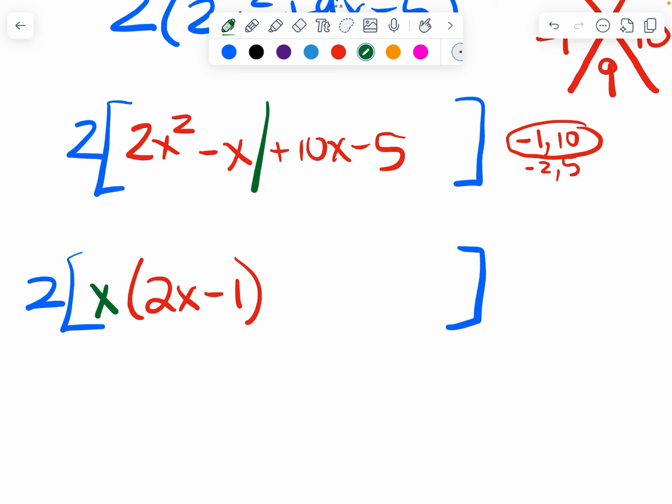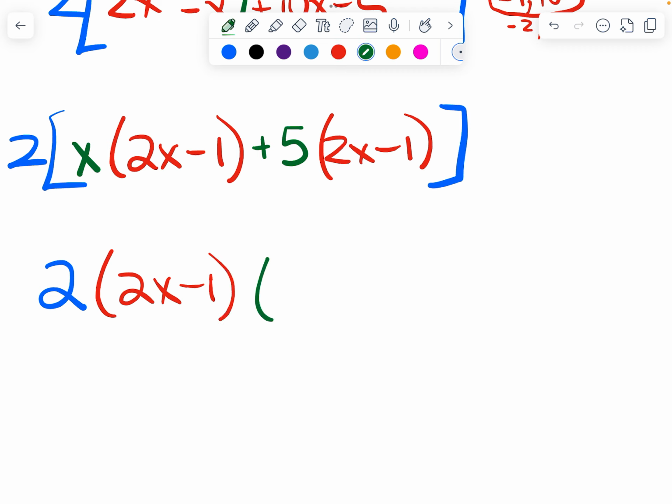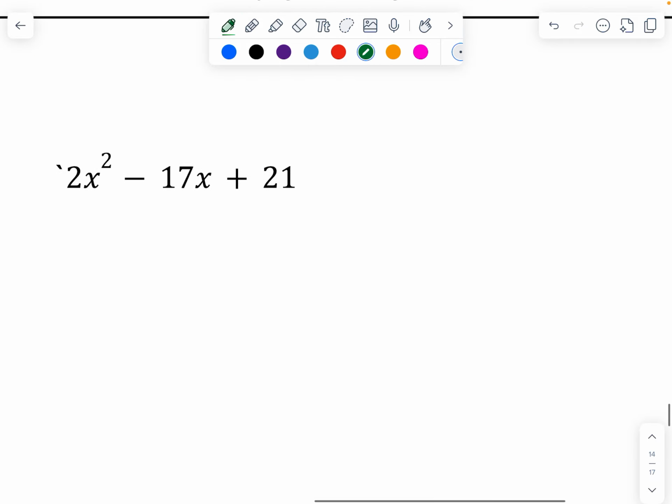Then on the second one, I can take out a 5. And I'm left with 2x minus 1. See how they're still the same? Mind you, I keep the 2 out front. I have a 2x minus 1, and the leftovers are x plus 5. And if you were to multiply those back out, you would get the original expression.